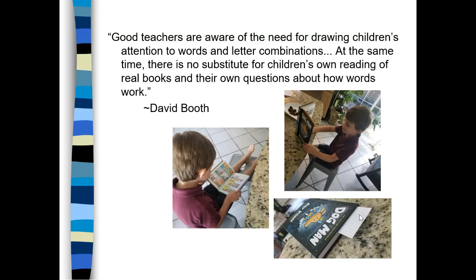The pictures you see here are of my nephew, Jeffrey, who's in first grade at a Spanish immersion school in Baton Rouge. And Jeffrey, his mom picked up this book, a series called Dog Man. And he's not been the greatest. He likes to be a clown, this little one, and he's adorable and he gets away with it.